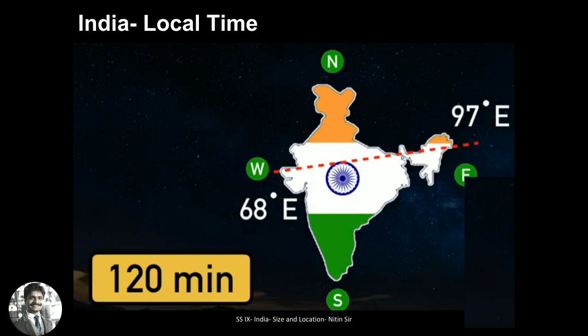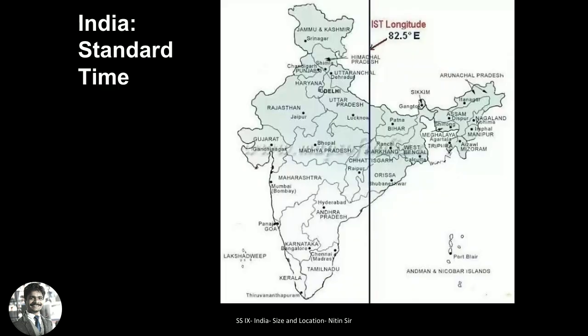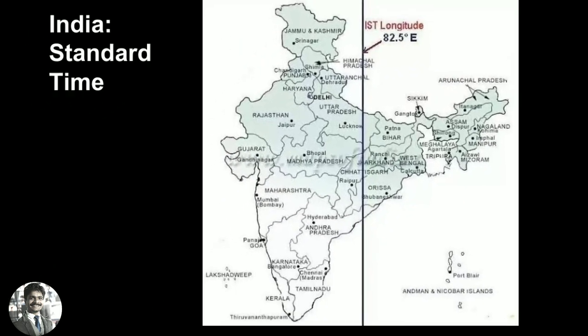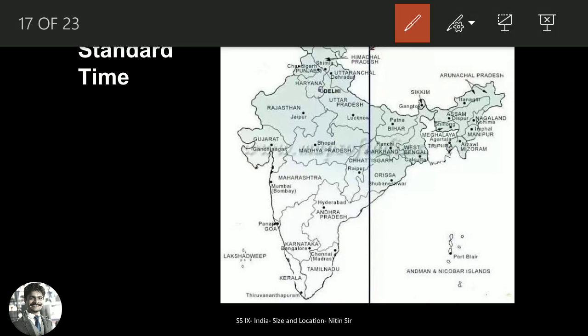Then, as we saw, the length of India from east to west is great. It has a time lapse of around 120 minutes. So definitely it would be somewhat confusing to decide which time to be taken. That's why we took an average, that is from Arunachal Pradesh till Gujarat.